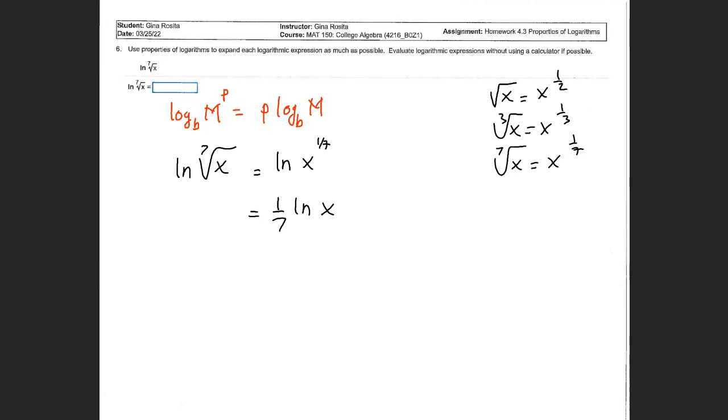Okay, let's go to number 7. Same, I just go directly. I don't need to write down the formula because this is x to the fifth times y. So use the product rule. I just write down the problem: logarithm of x to the fifth times y with base b. Remember, product means you add.